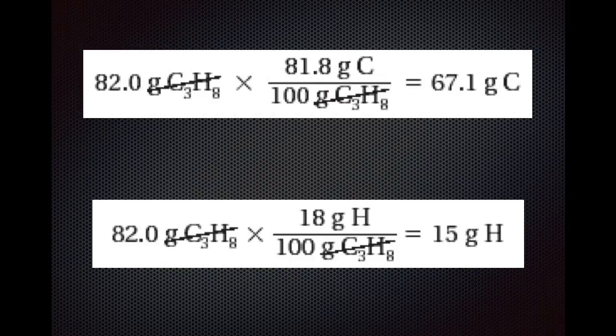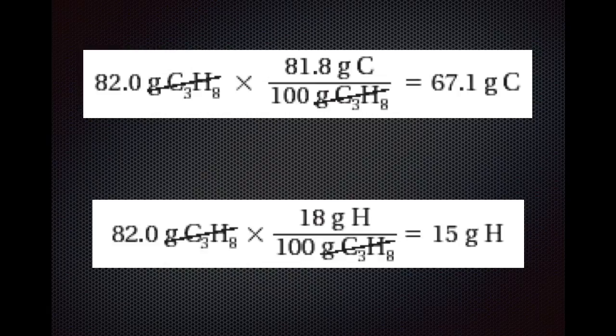If you just think of 81.8% and turn that into a decimal, that's 0.818. So it's the same thing as multiplying 82.0 by 0.818. And that's going to give you the same thing, because when you do that equation, you're pretty much answering what is 81.8% of 82.0 grams.